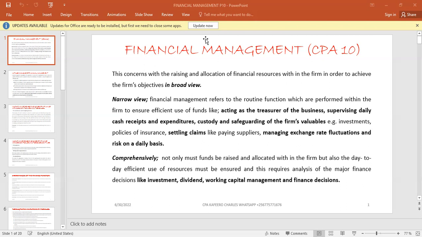Because if the exchange rates are increasing, we expect that if at all we've been selling items, we will be able to know the realized gains and losses on foreign exchange.